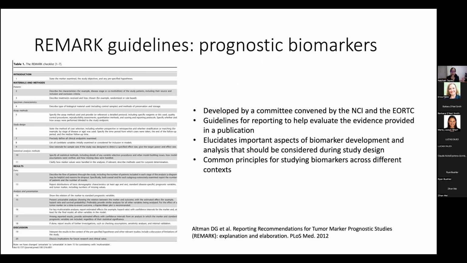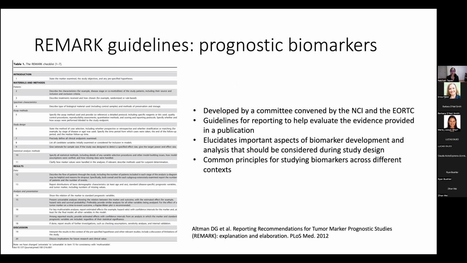Those were some guidelines that, although they were developed specifically for early detection biomarkers, I think apply to any type of biomarker. Some other guidelines have been developed for prognostic biomarkers, the REMARK guidelines. I'm not going to go through them, but you can see there's a checklist of about 20 items describing the things you need to report.